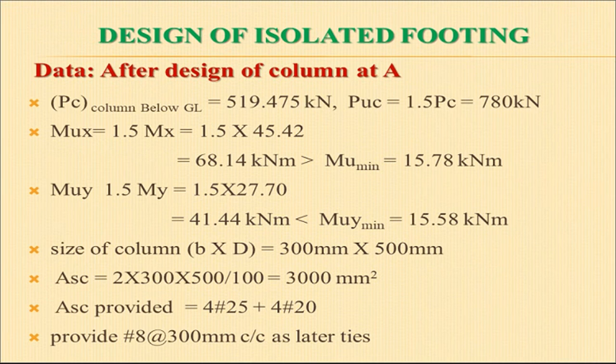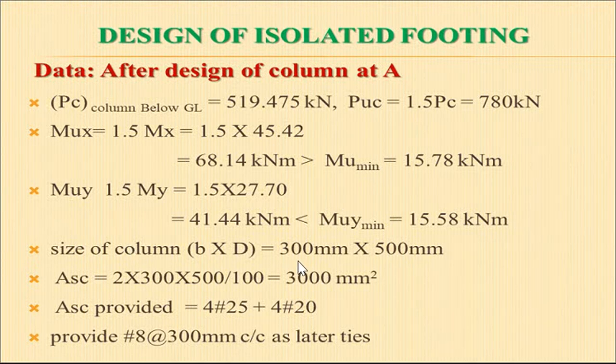Now for the design of isolated footing, again we know the data, that is the column below the ground level, it is 519.475 kilonewton, and PUC is equal to, that is the maximum load, 780 kilonewton. MUX is equal to 1.5 times this, that is 68.14, and MUY is equal to 41.44 kilonewton meter, which is less than 15.58 MUY minimum.